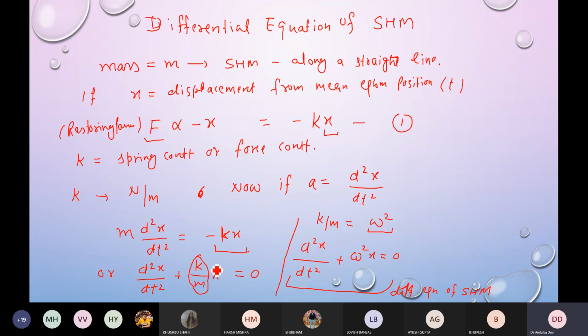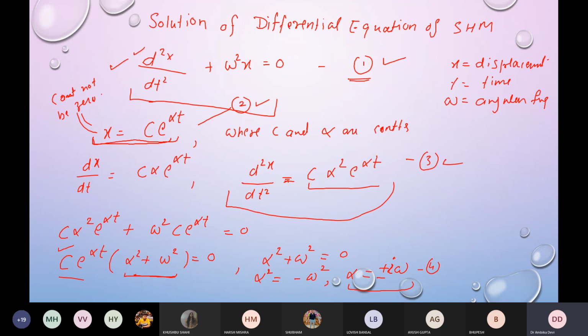K by m, where K was force constant and m was mass of the particle. While deriving the differential equation of simple harmonic motion, we did this substitution. So omega square is equal to K upon m.